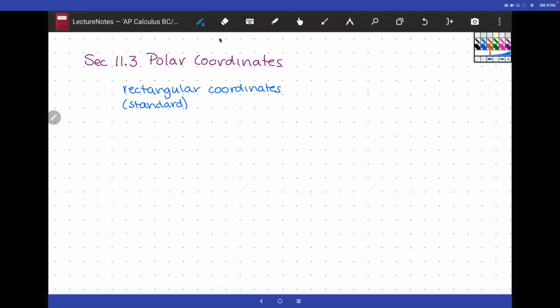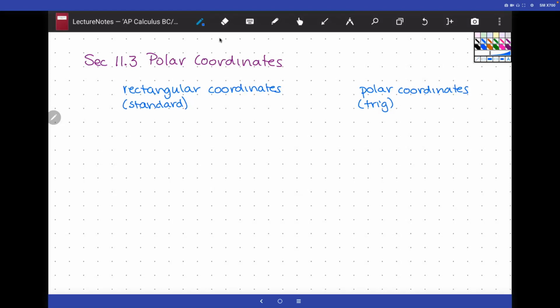And then we have polar coordinates. This is definitely the more common name for them, but sometimes they are called trigonometric coordinates. It's just two different ways of giving the location of a point in 2 dimensions.